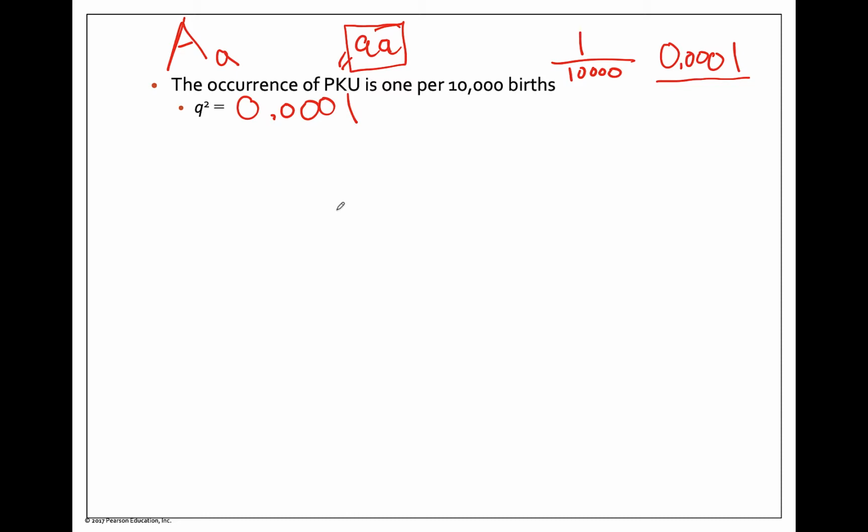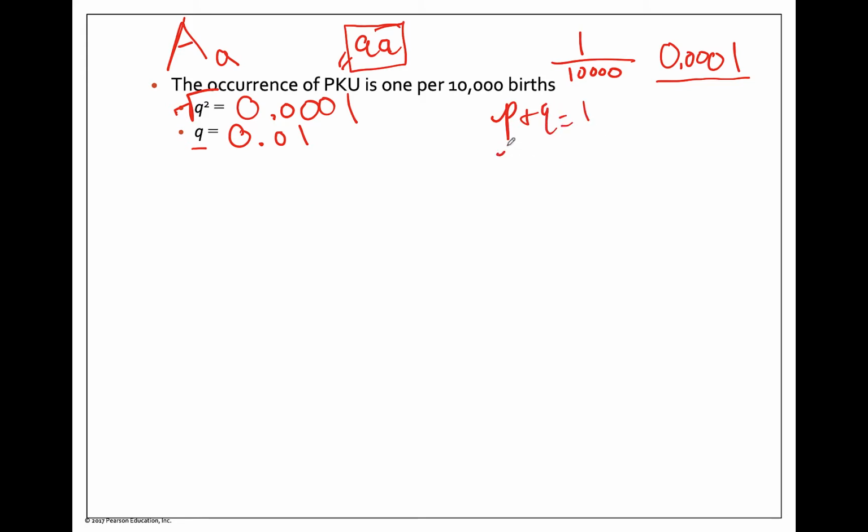What I want to do is figure out the rest of these variables. From q squared, I can figure out q. All I need to do is take the square root. So when I take the square root of this, I get q is equal to 0.01. Now that I have q, I can figure out p. Remember that p plus q equals 1.